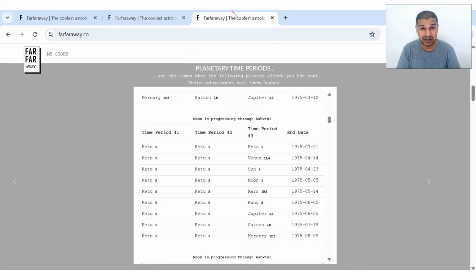Let's take a few examples from his life. In the year 1975, right at the beginning of Ketu's Mahadasha, he decided to step aside from his educational program at Harvard to start an IT firm. Ketu is linked to letting go of things, and Ketu's Mahadasha was going on at the time when he let go of his educational program.